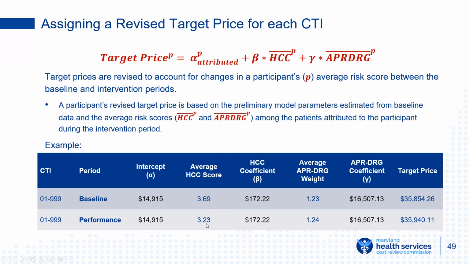So this is an HCC score that is essentially updated by being calculated for all the attributed beneficiaries using their last year of claims data. We can see that the average APR-DRG weight was roughly the same, and that led to a relatively small change in the target price between the baseline and the performance period.